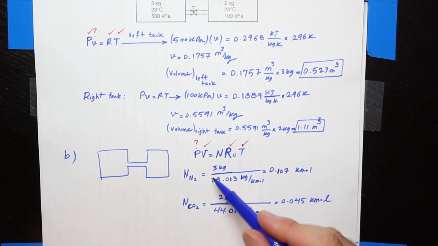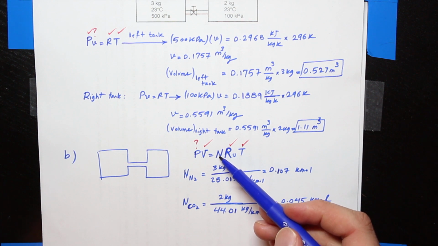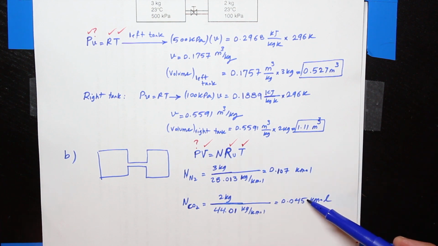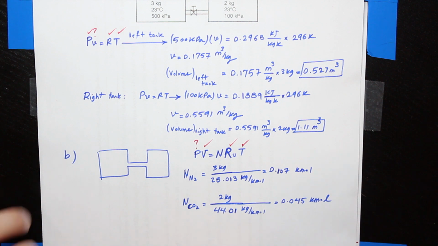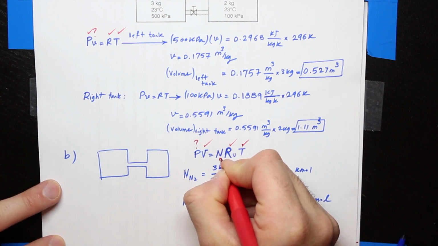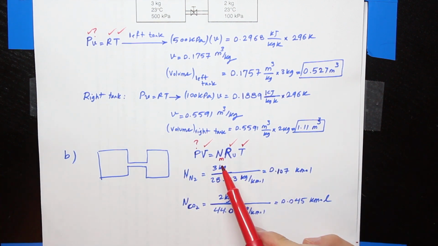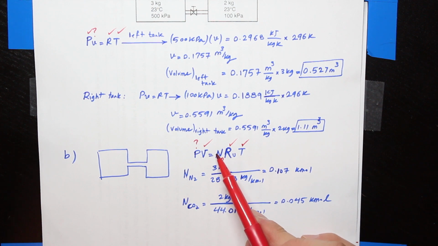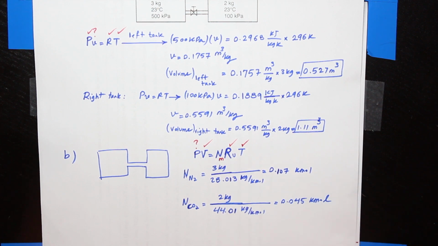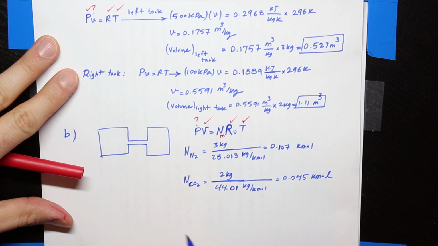So my N in this equation is this number plus this number. In fact, I should have mentioned that this is N of the mixture, so it doesn't hurt if we add a subscript M, as in Mike, to this N, as in Nancy. NM is this number plus this number.